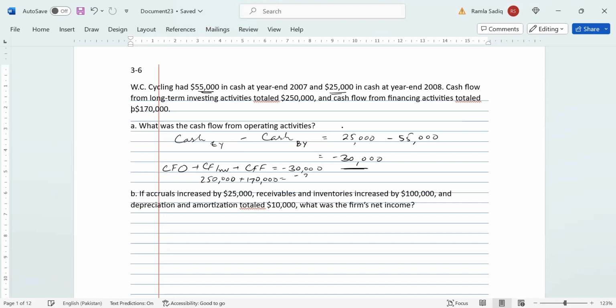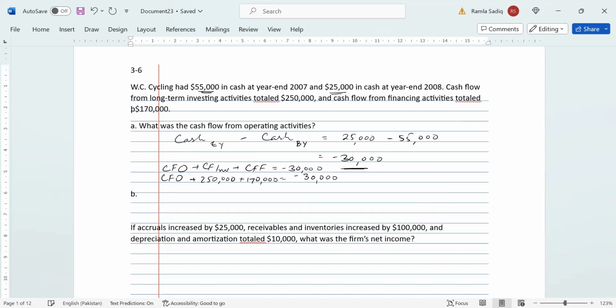All of this should equal minus 30,000. And so we can find out what cash flow from operating activities was on the basis of this. Let me create a little bit of space over here to finish calculating this question.